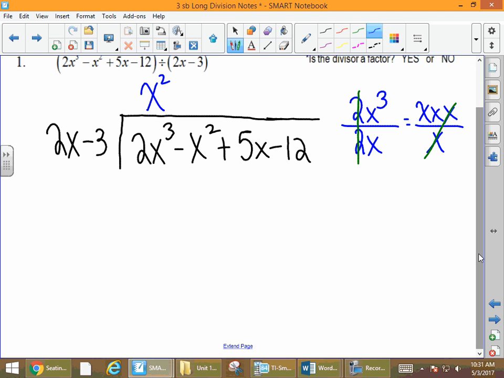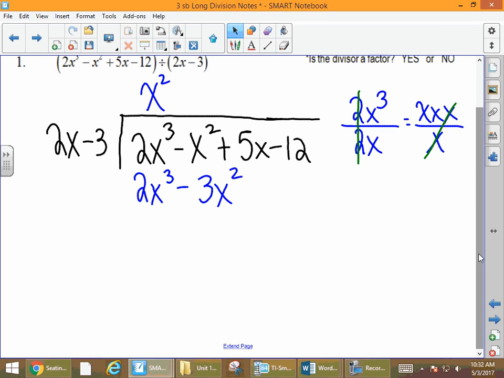X squared times 2x is 2x cubed. X squared times negative 3 is negative 3x squared. Change both signs. But I also need to at least warn you to be careful.